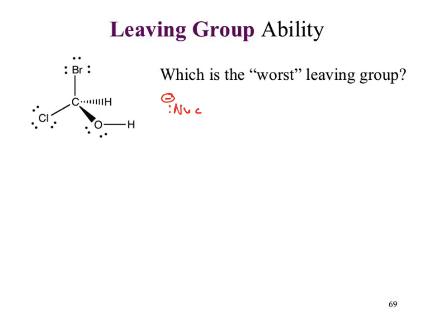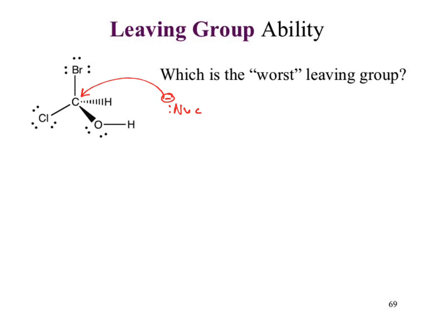I see chlorine, I see bromine, I see oxygen. What are they all connected to? That carbon. All of those atoms are partially negative because they're pulling electrons from the carbon, making the carbon partially positive. Where's my reactivity? In the carbon. The nucleophile is going to come in and attack. That carbon will act as an electrophile.